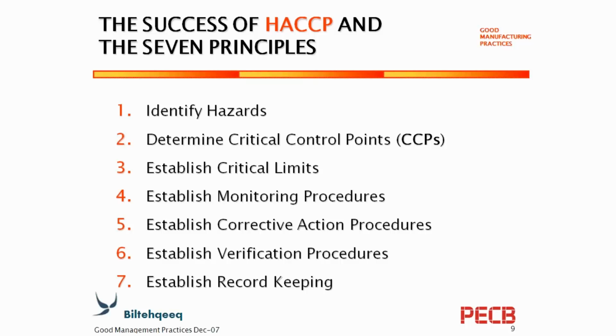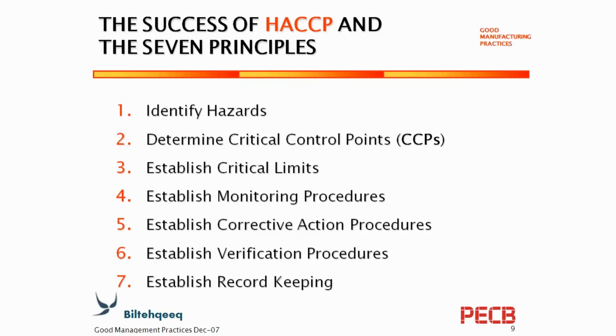HACCP is based on seven principles, and the first one is to identify hazards. You have to identify which hazards can negatively affect the quality management system of your food, and then you have to determine the critical control points, the points from where the hazards may come into your food safety management system.